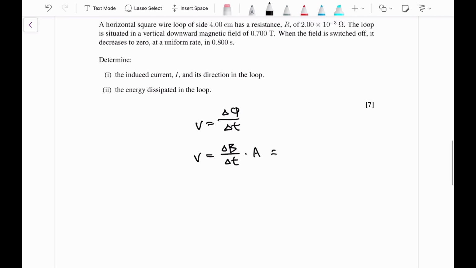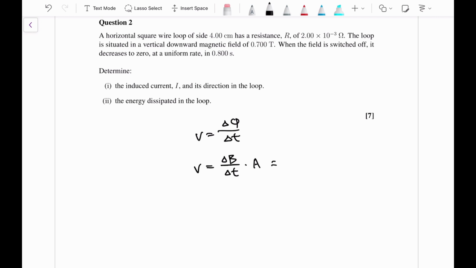So delta B will be equal to 0.7, and delta T is 0.8. That is given because it says the field is switched off, it decreases to 0 at a uniform rate of 0.8 seconds. So essentially, in 0.8 seconds, the magnetic field reduces from 0.7 to 0. So that will be 0.7 over 0.8 for delta B over delta T, and then times the area.